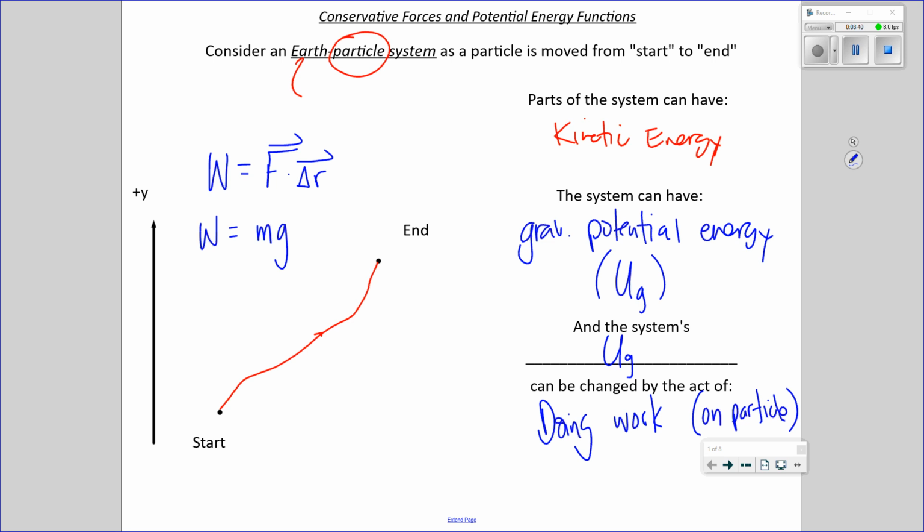And this delta r, the minimum distance would be a delta y, or mg delta h. And we recognize that as the change in potential energy of the system. So in this case, the minimum work we do is delta UG. That's the work done by a third party, something other than the Earth-particle system.